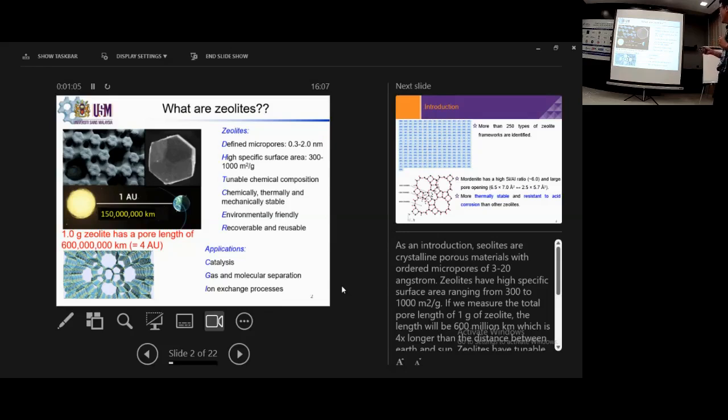Zeolites are widely used in many applications because of several properties, such as a tunable chemical composition. They are chemically and thermally stable, and also mechanically stable. Zeolites are eco-friendly, and most importantly, they are recoverable and reusable.